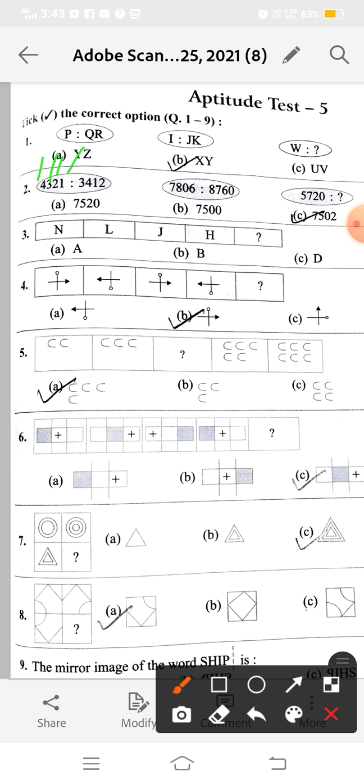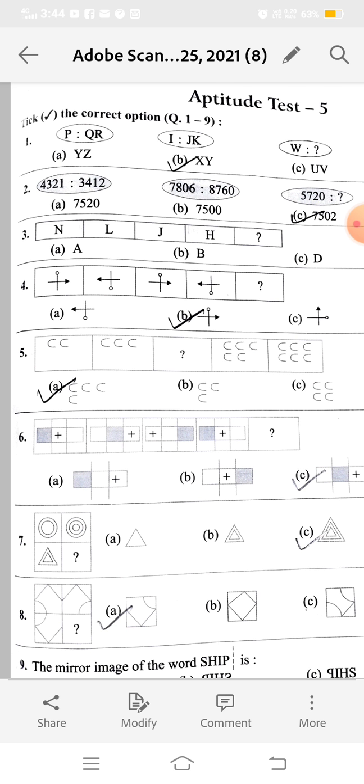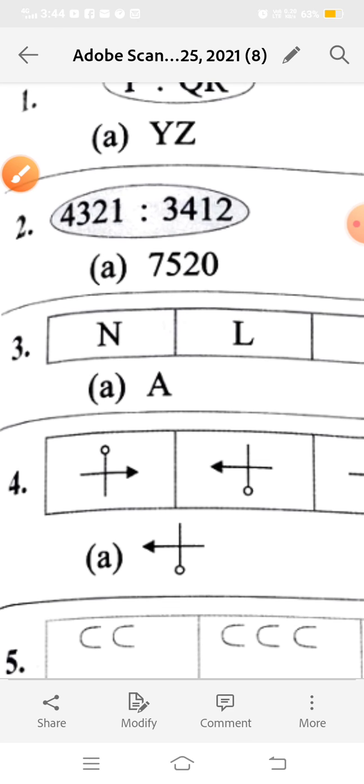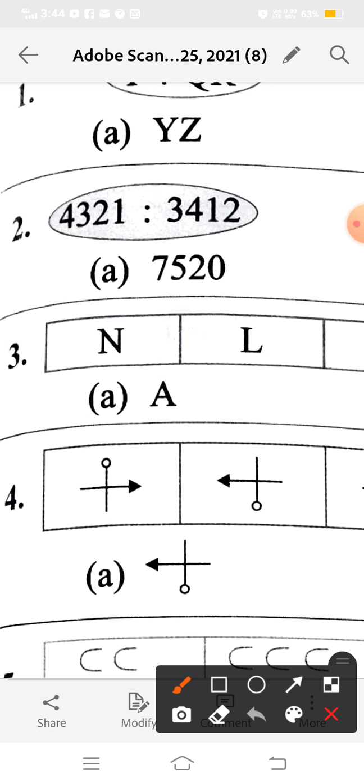Okay, so let's see. Here is 2321 and here is 3412. It means here is the pattern. We need to interchange the place of ones and tens, and also the place of hundreds and thousands.